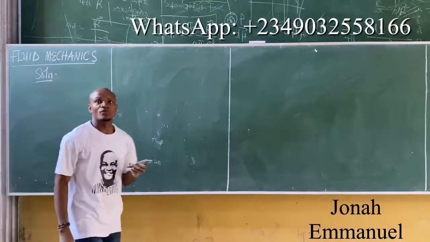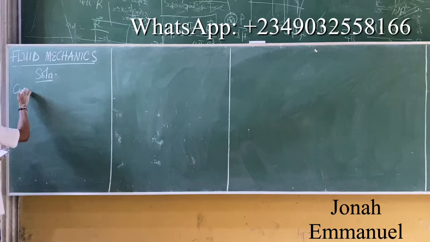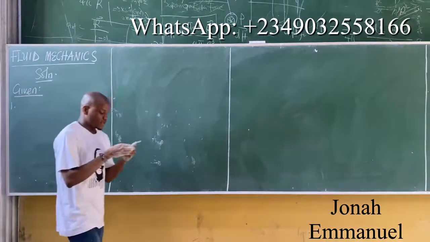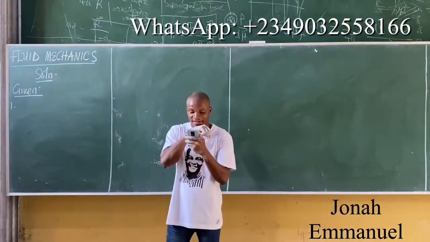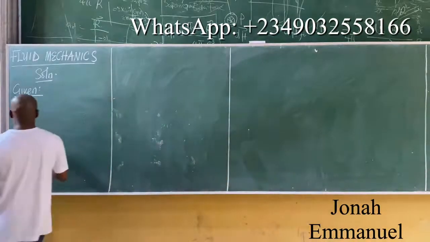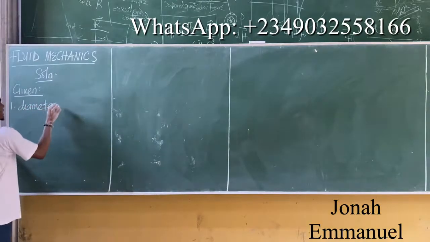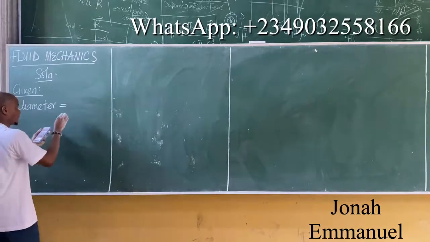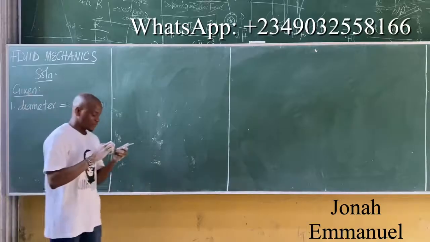Solution, please. First thing first, list out given parameters, please. What's the first you have there? Diameter. Diameter is equal to how many there? 75 millimeters.